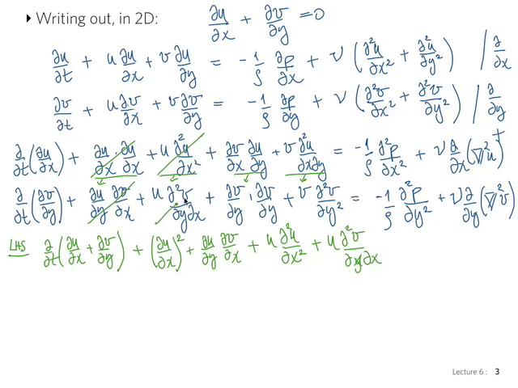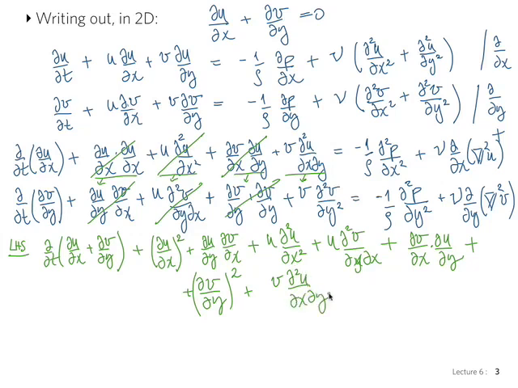And so I've got these two now, plus dv/dx du/dy, that's this one, plus dv/dy squared, that's this one, v second derivative of u with respect to x and y, this one, and finally v second derivative of v with respect to y squared.